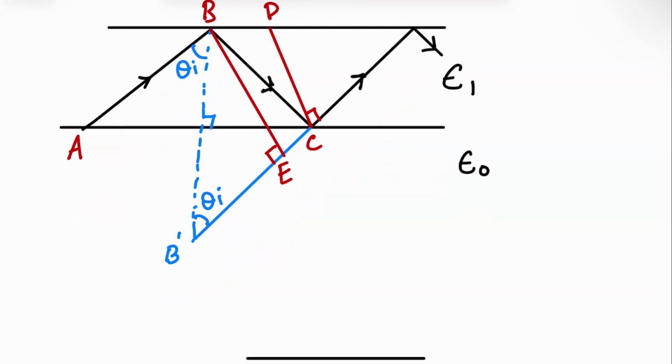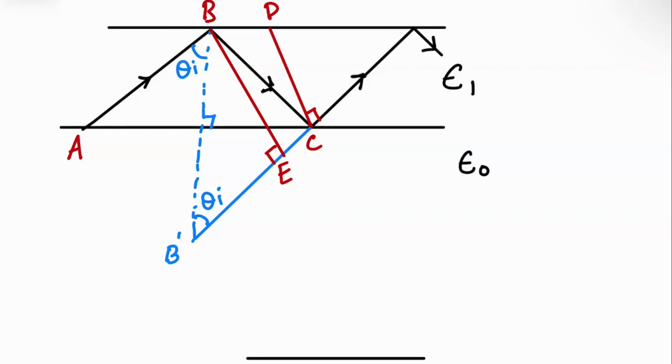Okay, so if they correspond to the same plane wave, and I've drawn them as wavefronts, then they need to have some phase relationship, right? Because they correspond to the same phase front, this one and this one.